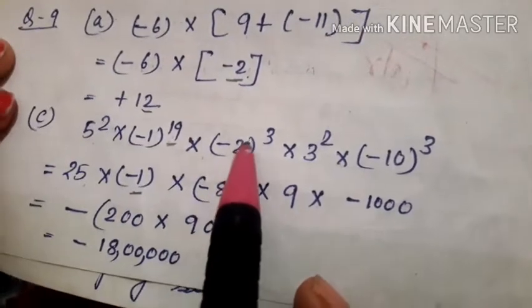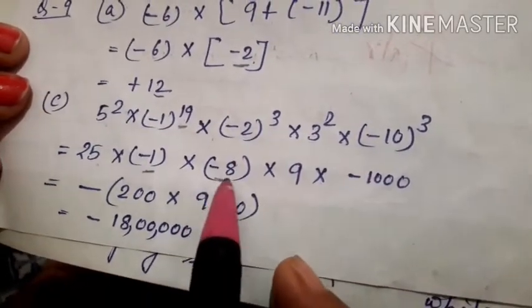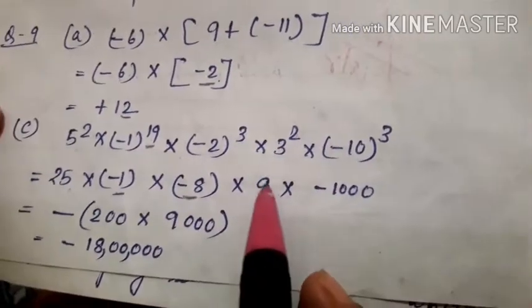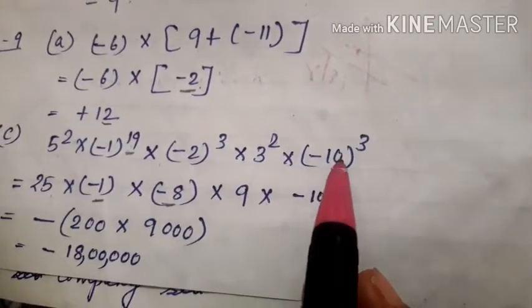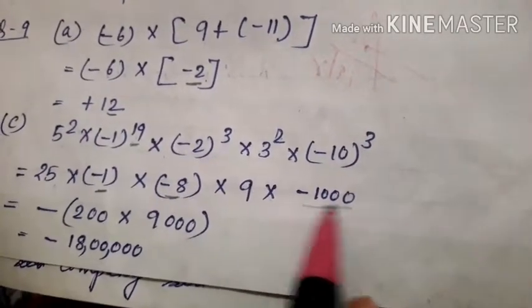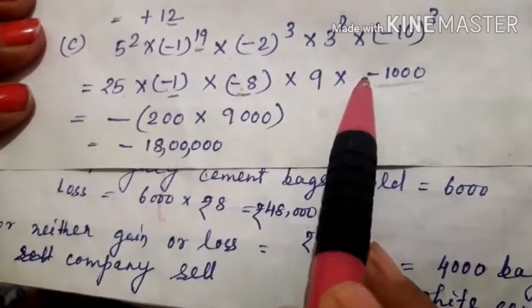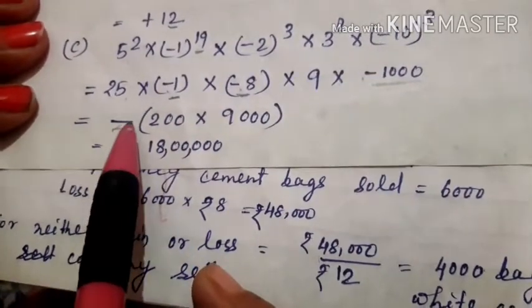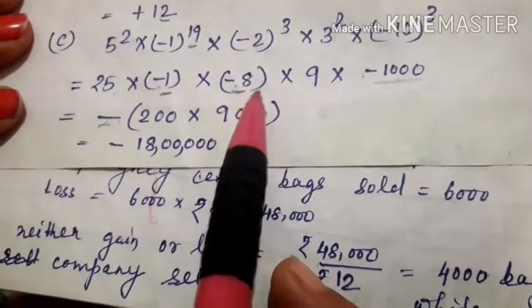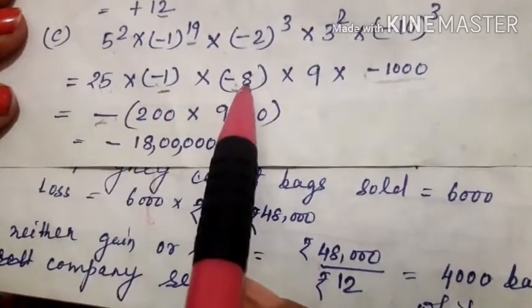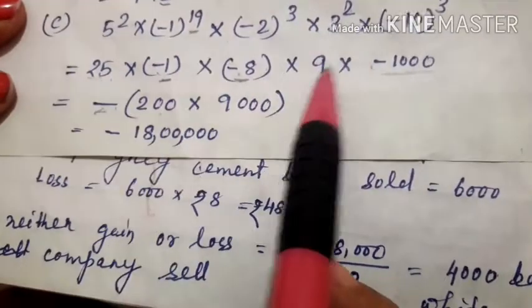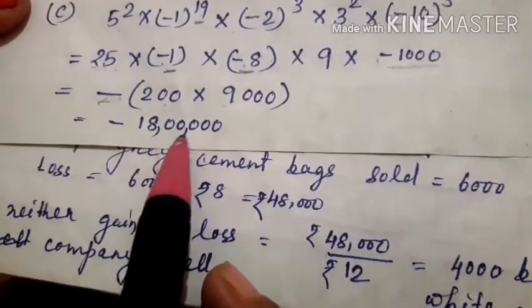Then minus 2 into minus 2 into minus 2, minus 8, into 3 square, 3 into 3, 9, into minus 10 to the power 3. It means minus 1000. Then minus into minus into minus, it means the result will be minus. Then this is 25 into 8 is equal to 200 into 9000, which is equal to 18 lakh.